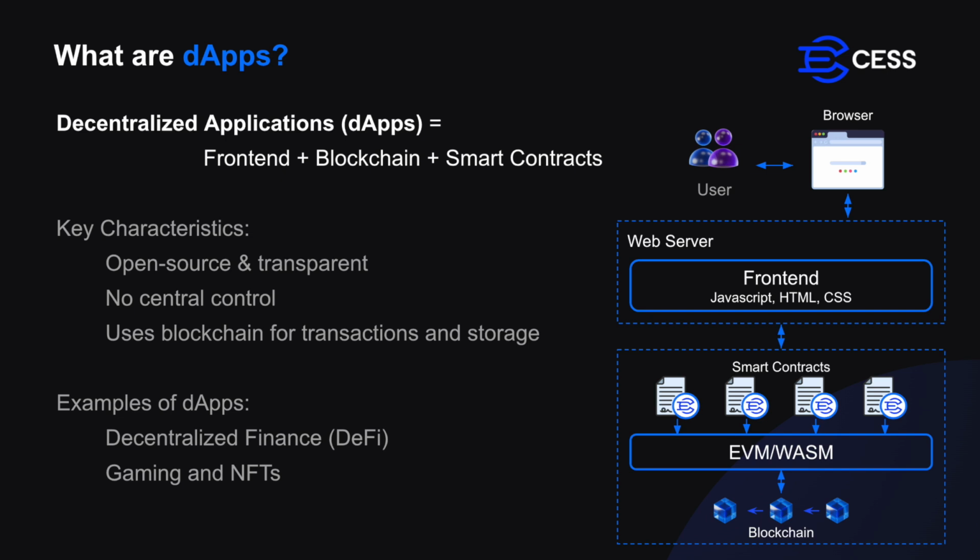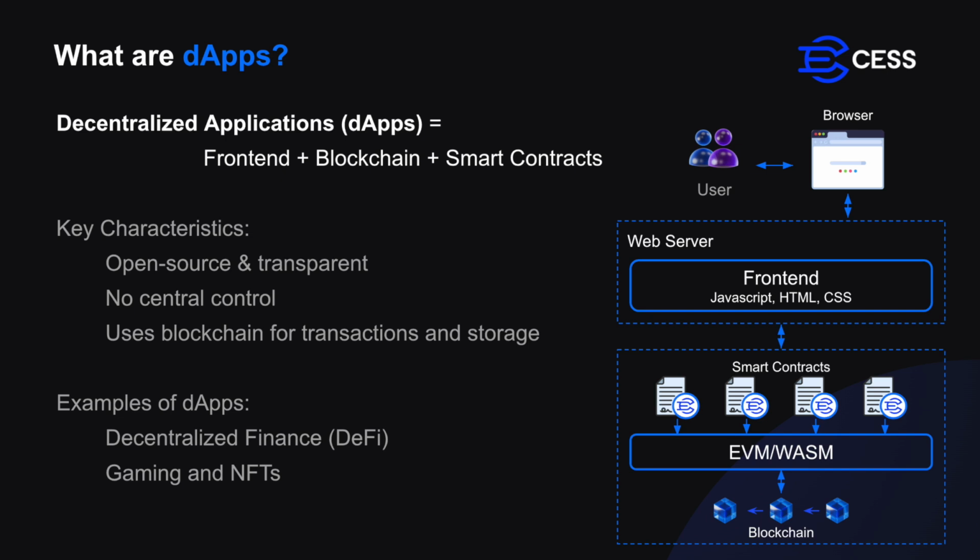Finally, now that we have explored smart contracts and their different environments, let's talk about what they enable, that is, decentralized applications or dApps. A dApp, or decentralized application, is an application that runs on blockchain instead of centralized servers. Unlike traditional apps, dApps are trustless, transparent, and resistant to censorship because they operate using smart contracts instead of relying on a company's backend servers.